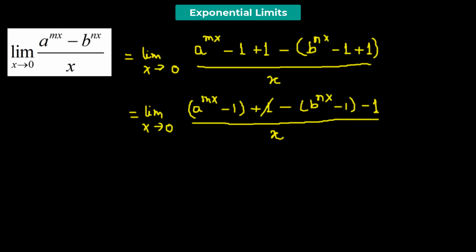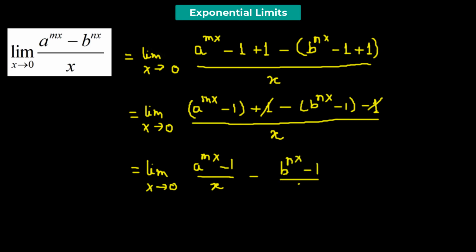So we can now take care of this positive 1 and minus 1. Now separating the two terms in the numerator, we'll have a raised to the power of mx minus 1 divided by x, minus b raised to the power of nx minus 1 divided by x.